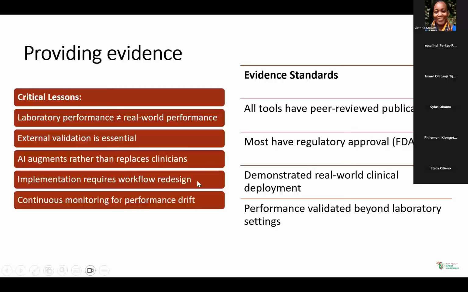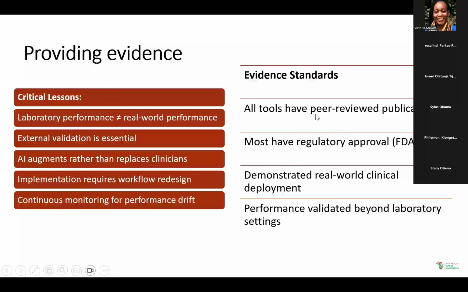In order to get AI into workflows, often those workflows have to be redesigned. If we take the example of mammography, we had to change how the doctors were working. They worked with an AI tool rather than with another doctor. And you've got to keep monitoring this with performance drift. Performance drift, we could do a whole lecture on it, but it's quite a big problem with these tools when they're placed in real life.